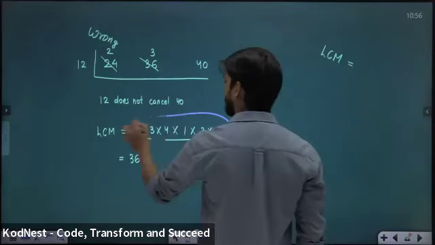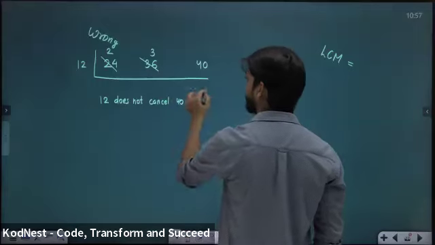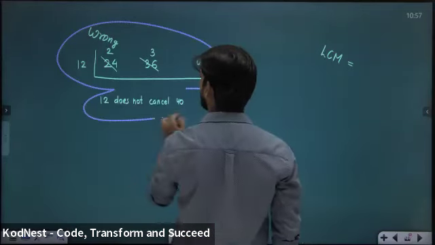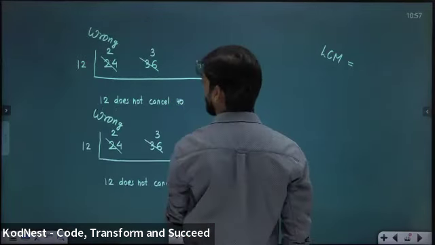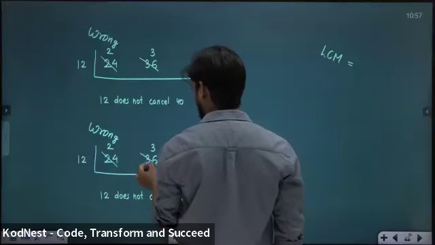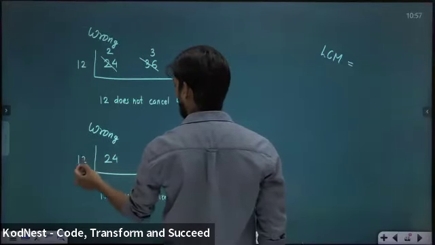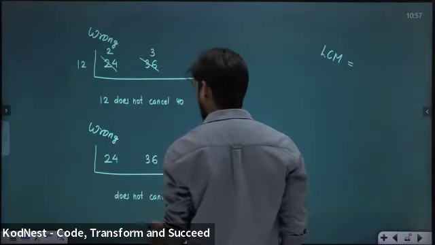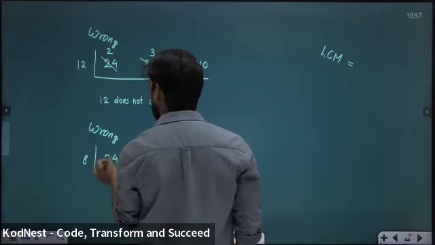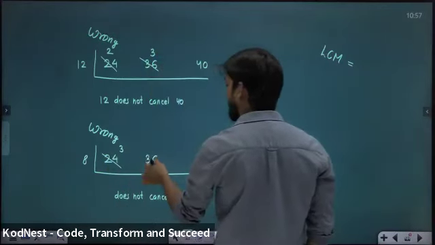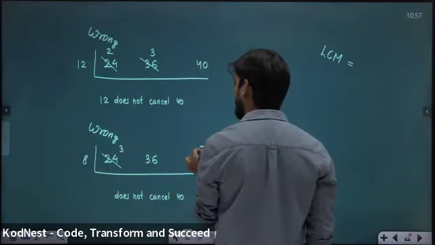Suppose one student is saying 8. If I take 8, so 8 into 3, 8 will not cancel out this, 8 into 5.